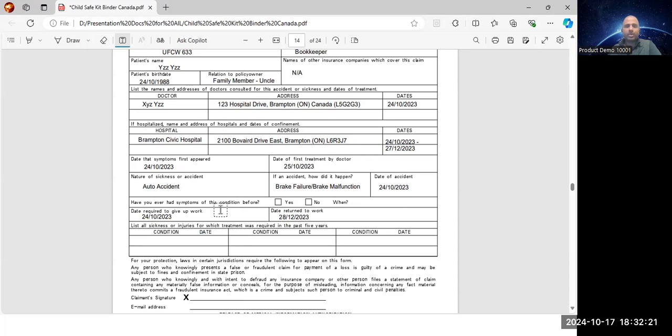As a result, there were no symptoms, so you're going to say no. If you had symptoms, let's say for critical illness, a disease like cancer or diabetes, you're going to declare yes in this box. You're going to put a cross mark right beside yes, and you will need to list the dates as to when the symptoms started showing up. In this case, we're going to go ahead and say no.